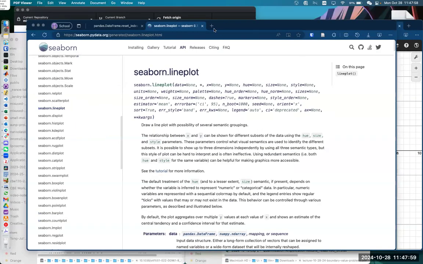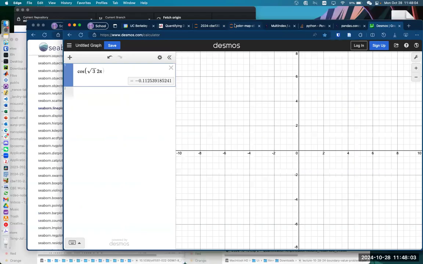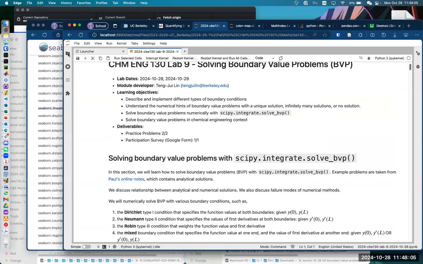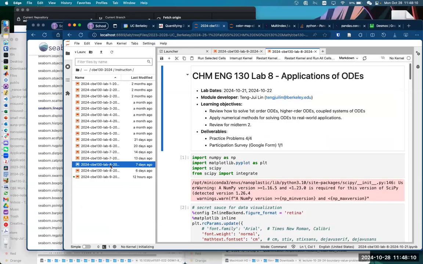Last time, in lab 8, we had some practice problems. So I can go over the solutions of those because there will not be a solution manual, so I can go over it now.